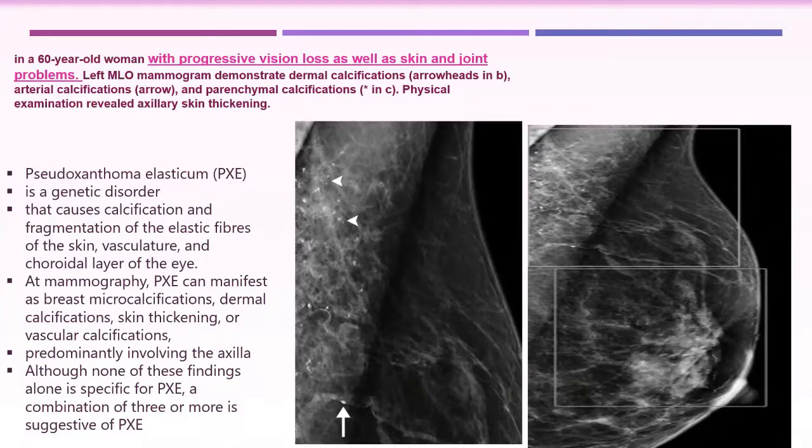It involves the collagen or elastic fibers of the skin and vessels, and the choroid of the eye. Here the clue is the loss of vision along with dermal changes. So you would think about it. It's a rare entity, but the combination of factors makes you think about it.